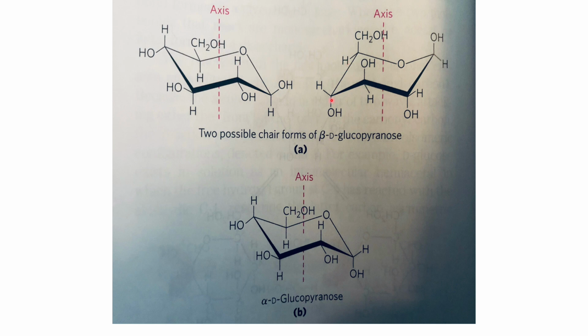So there are 2 possible chair forms for beta-D-glucopyranose, for example, present here, and you can have orientation around this particular axis and be able to visualize the relative location of the oxygen and the moieties that are present, whether they're folded up or folded down. They are inverted forms of each other in this configuration here. This is another example with the central axis, and again the orientation of the ring around this axis.